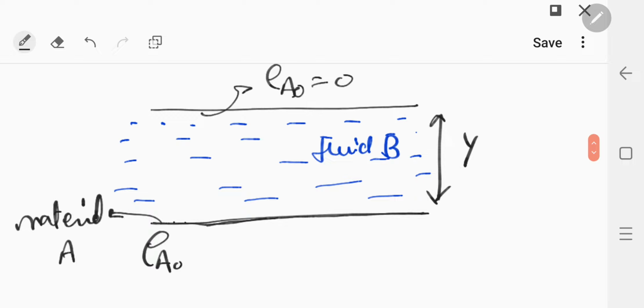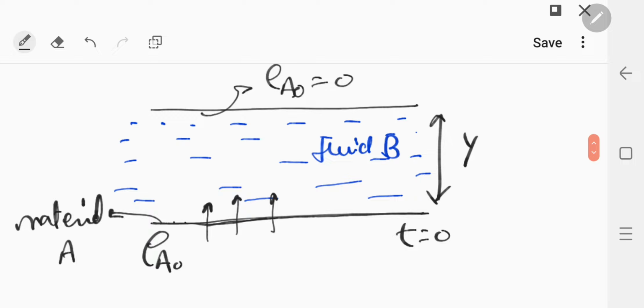Now at time t equal to 0, as the lower plate is exposed to this fluid B, the A will move in the upward direction.